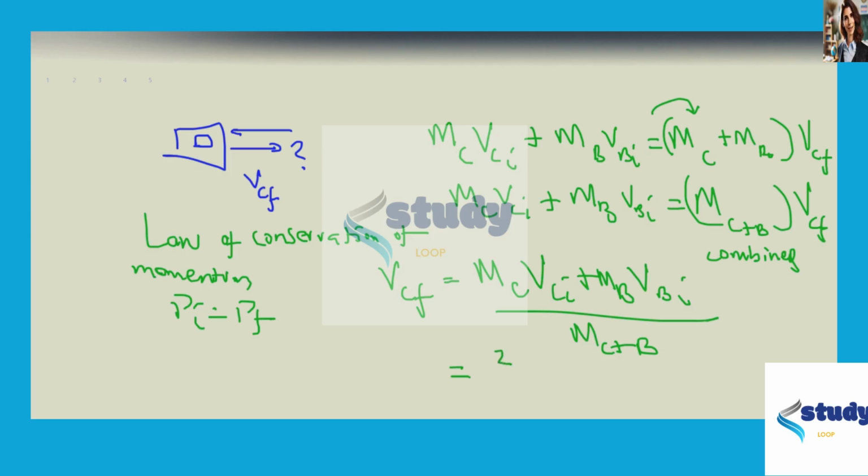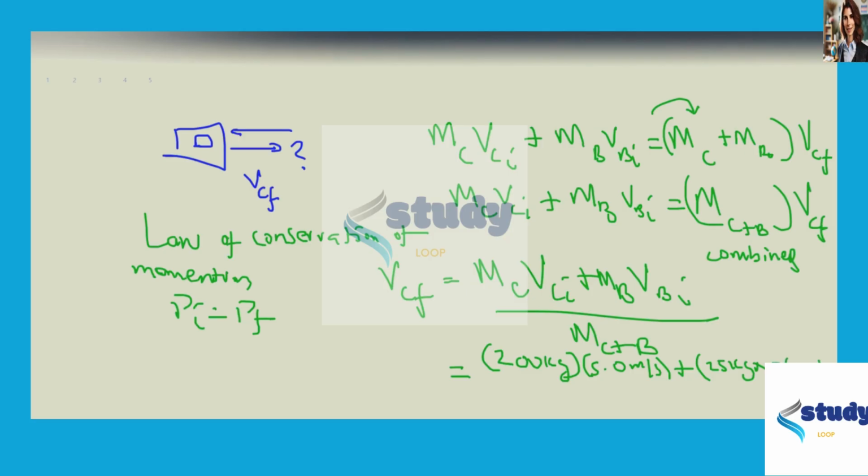So this is 200 kilograms times 5 meters per second, plus the mass of the block, which is 25 kilograms, times -6 meters per second.